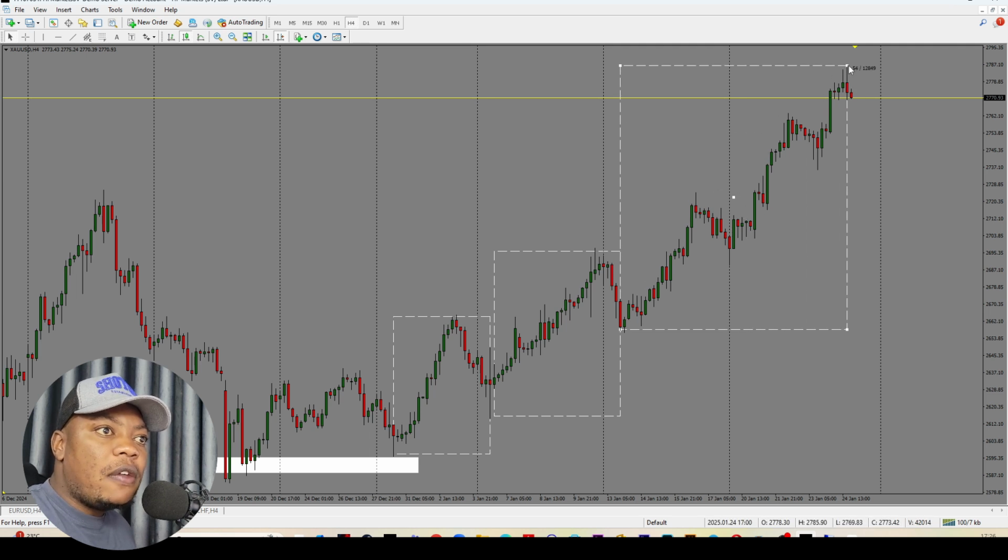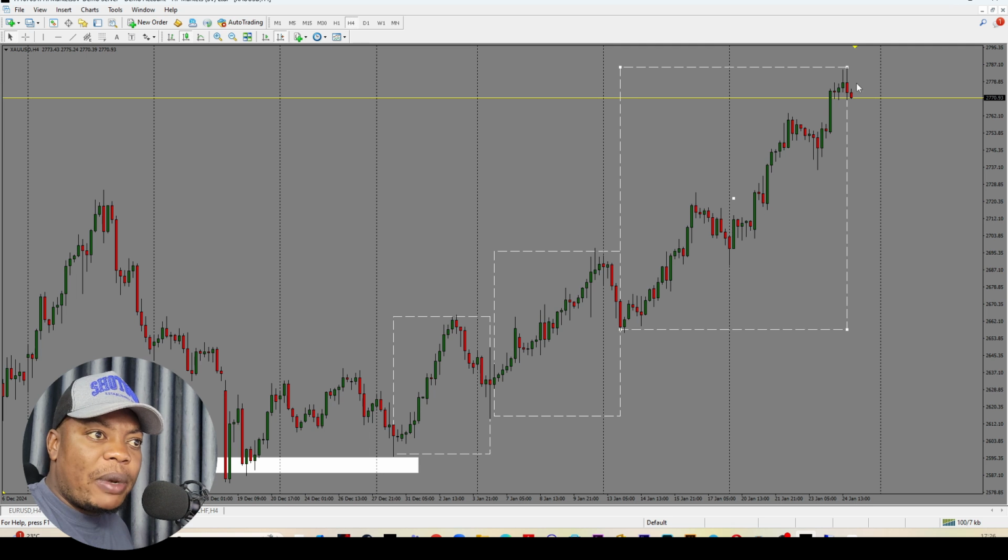However, if we look at this last rise, what can we see? We can see that it has been making 1, 2, and there's a probability to see the third push to the upside, or completion of this last impulse.